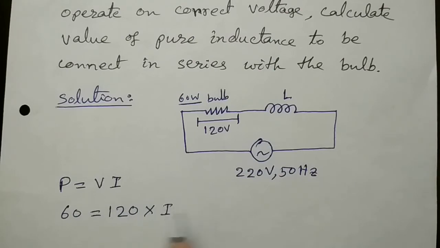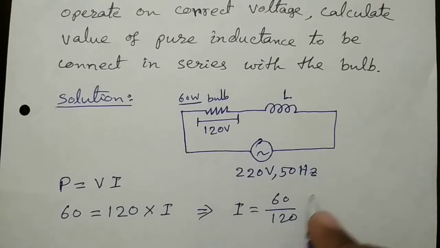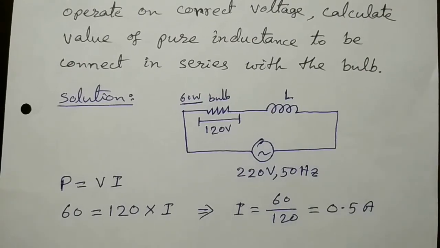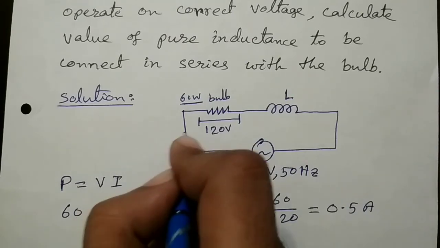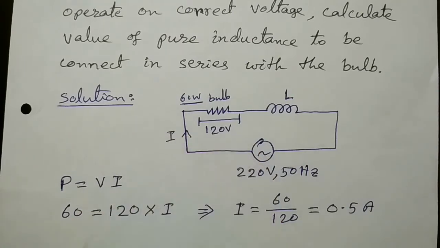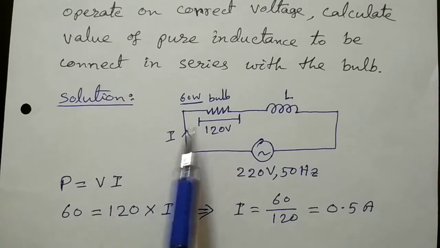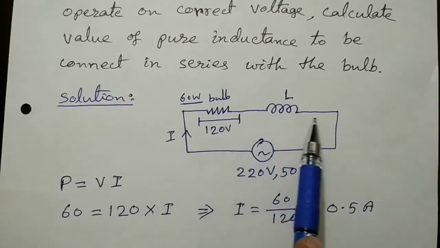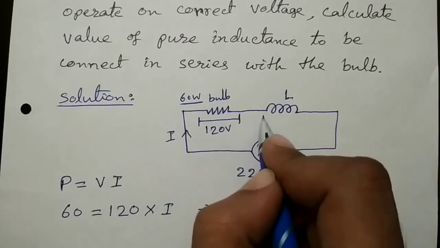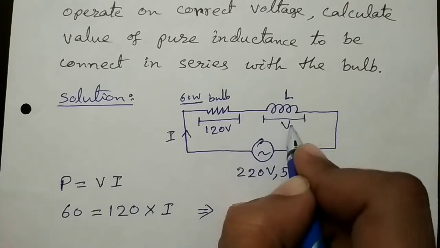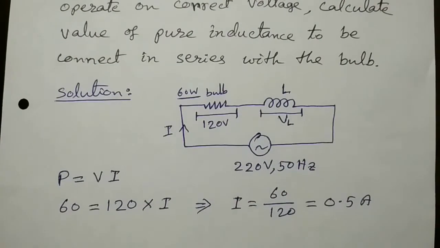So we can find the current that should flow in the circuit. It is 0.5 ampere. So when the bulb operates with proper voltage, the current should be 0.5 ampere. And the same current will flow through the inductance also. Here we have to find the voltage drop across the inductance.